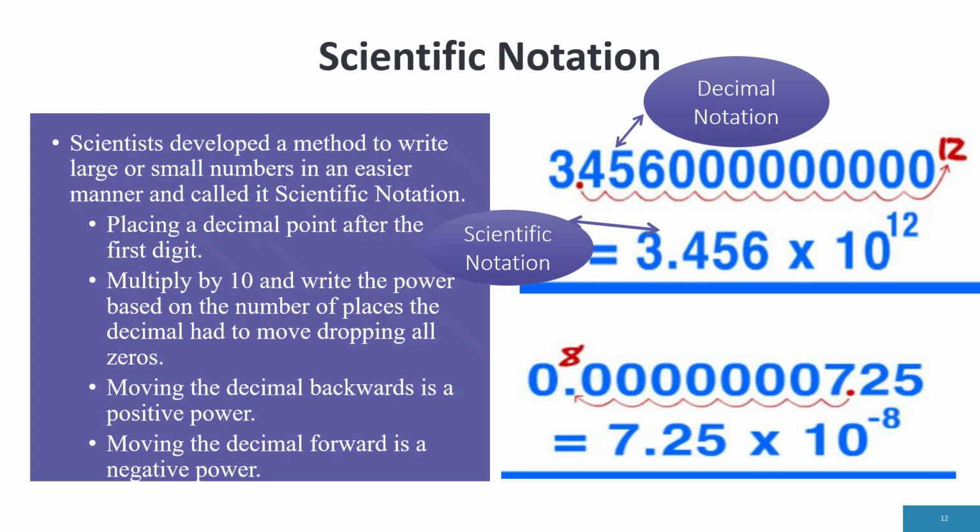If I am moving the decimal the other way, it's a huge number, but I don't want to write this huge number, then I'm going to move the decimal, which we assume at the end, after the very last zero, there's a decimal. I'm going to move it backwards however many spots. And in this case, it was 12, and it's going to be a positive number.